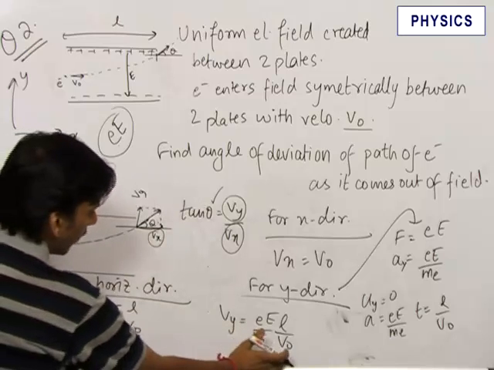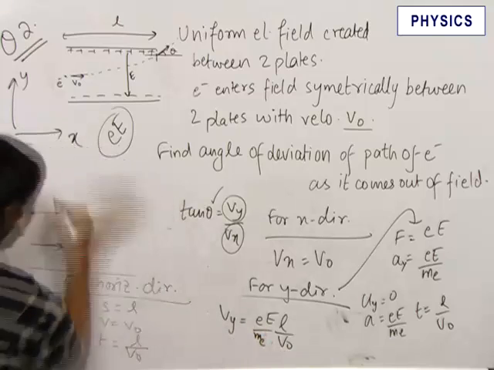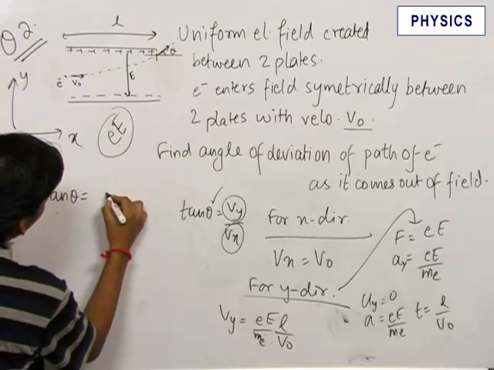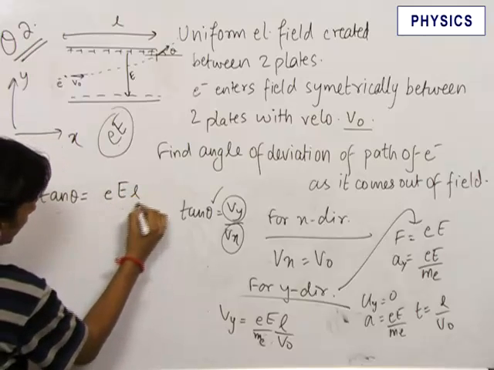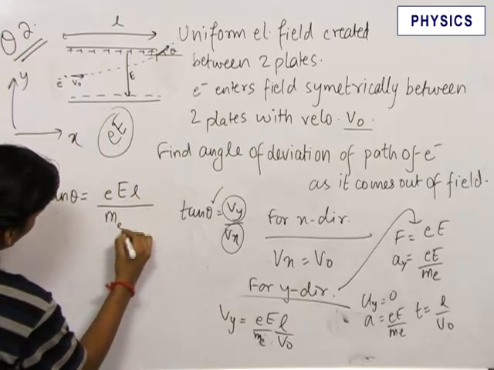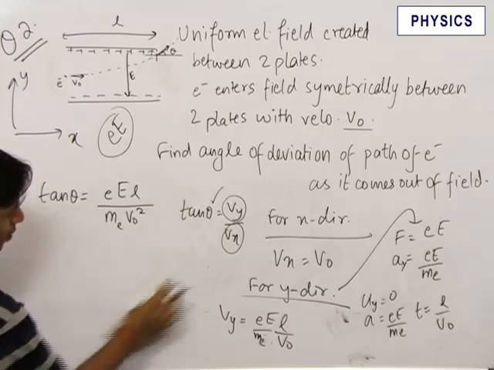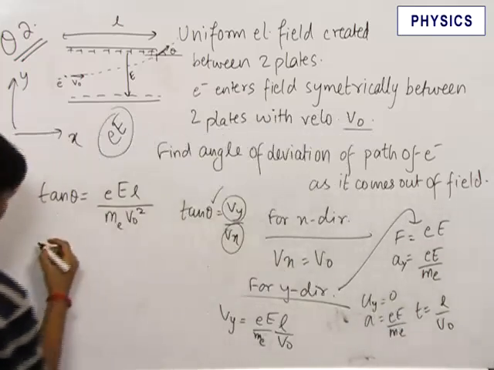This is the velocity in the y direction. So we get tan theta is equal to Vy upon Vx, that is e, the charge on the electron, into E, the electric field, into L upon m, the mass of the electron, into v0 square, because Vx is also equal to v0. Therefore, we get the value of tan theta to be equal to this.